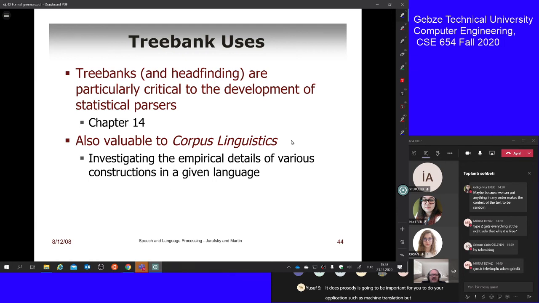But parsing doesn't mean that it has to be done with a context-free grammar. Because for some languages, such as Turkish, context-free grammars are not that suitable, okay? Because in Turkish, word order is flexible, but different word orderings change the meaning.